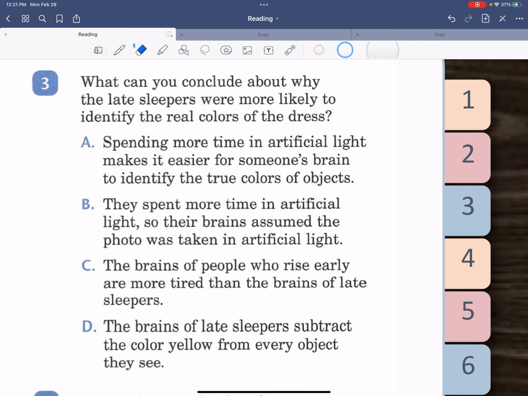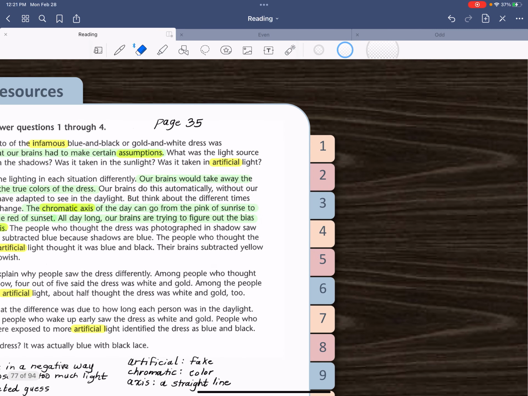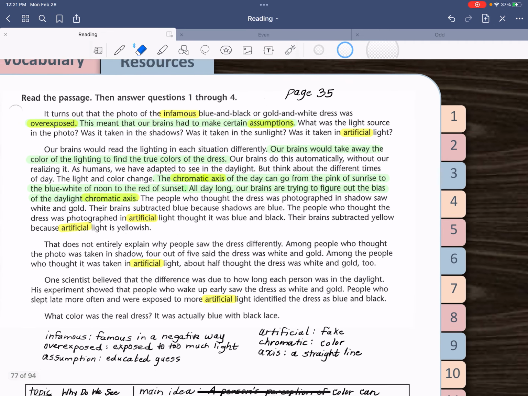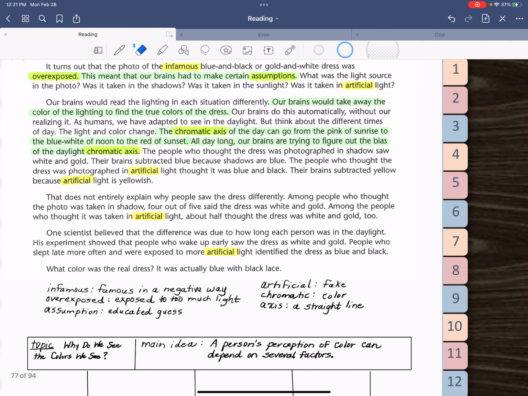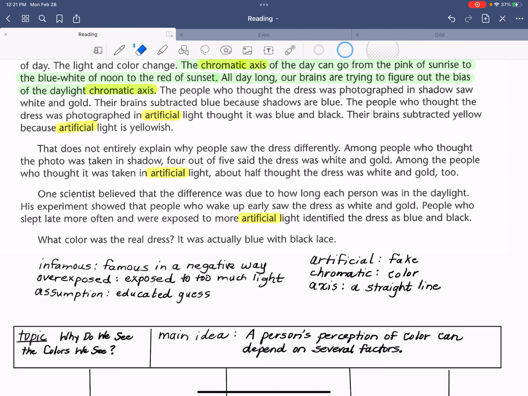Well, I have an idea that it's B, as in boy, but let me look back just to be sure I'm not missing something. We are talking about the late sleepers. And it tells us a little bit about the late sleepers. It says that people who slept late more often and were exposed to more artificial light identified the dress correctly.